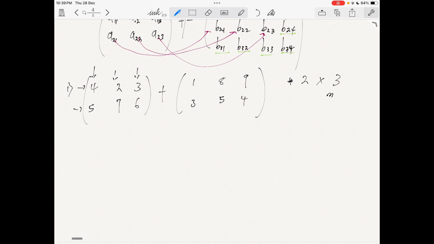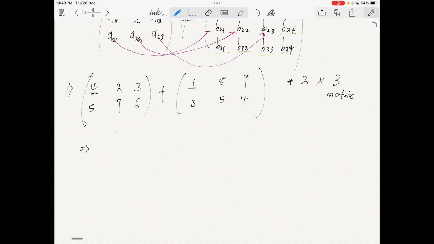The next thing we have to do is to pick individual elements at each point to perform the addition, or the subtraction, as the case may be. But here we're considering addition. So first we pick the elements bit by bit.